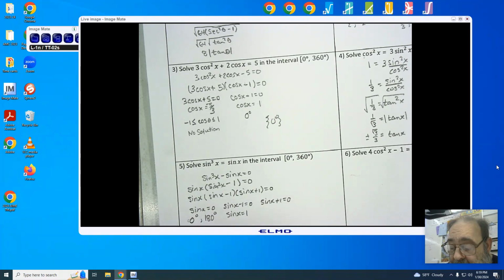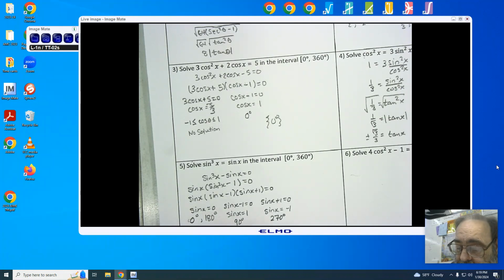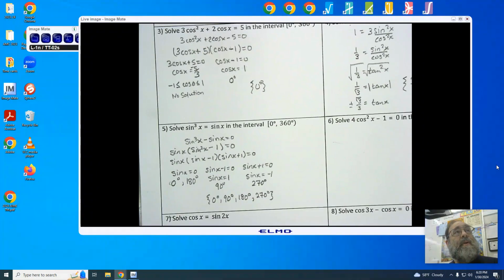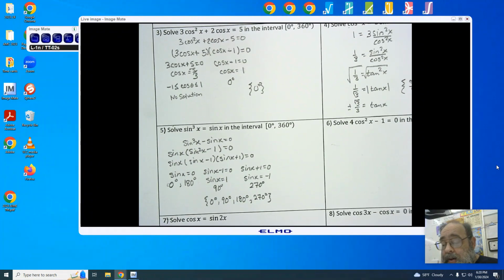We know sine of x equaling a positive 1 is at 90 degrees. And then we would do the same thing for sine of x equaling negative 1, which is at 270 degrees. I'm then going to list my answers from least to greatest: 0 degrees, 90 degrees, 180 degrees, and 270 degrees. There is my answer, and I'm ready to move on to number 6.